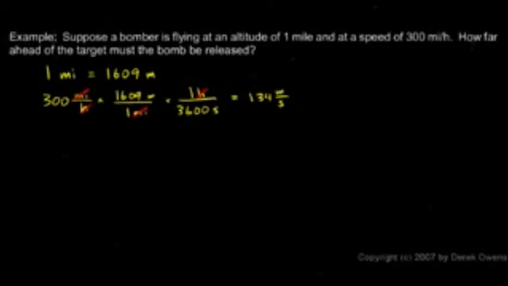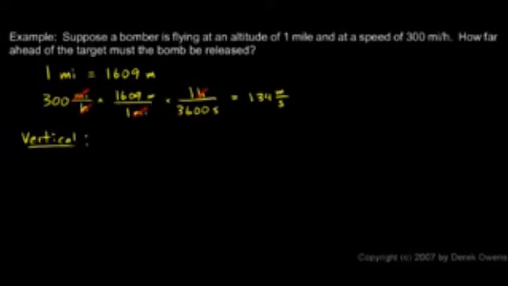Now, to solve this, I treat the horizontal and vertical motion independently. I'll do the vertical first in this case. I know the vertical distance. It's 1 mile, or 1,609 meters. So I can find the time it takes the bomb to fall. The time that it falls depends only on the height. The horizontal speed doesn't affect the time it takes to fall.